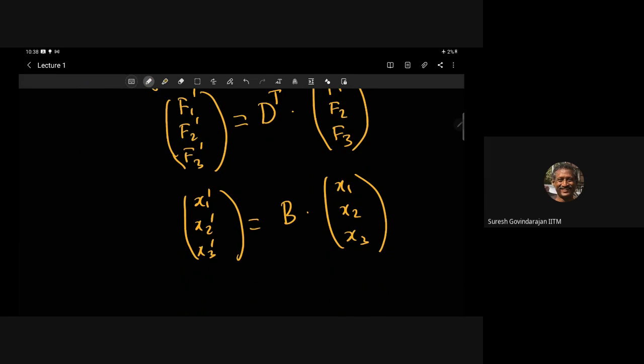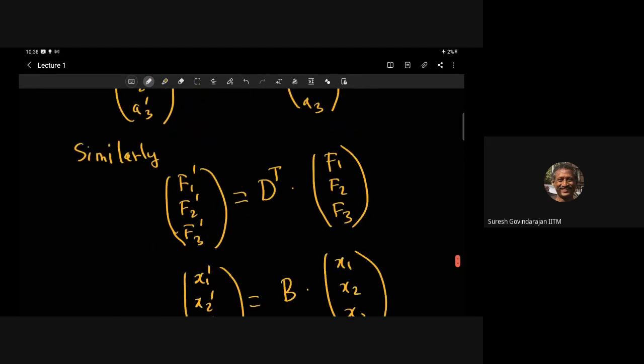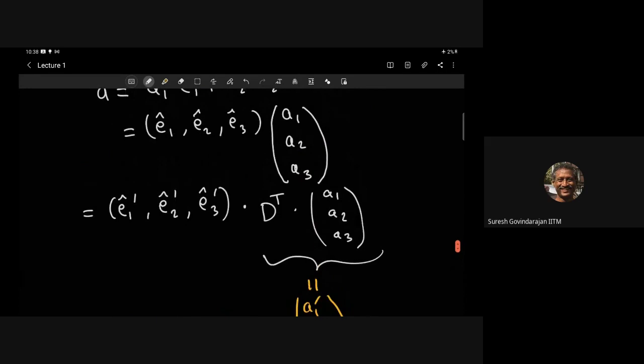What should B be in terms of D? D basically transpose. Yes. A priori it looked like B should be unrelated to D, but it is related, because all these guys have the same property. The same arguments go through.